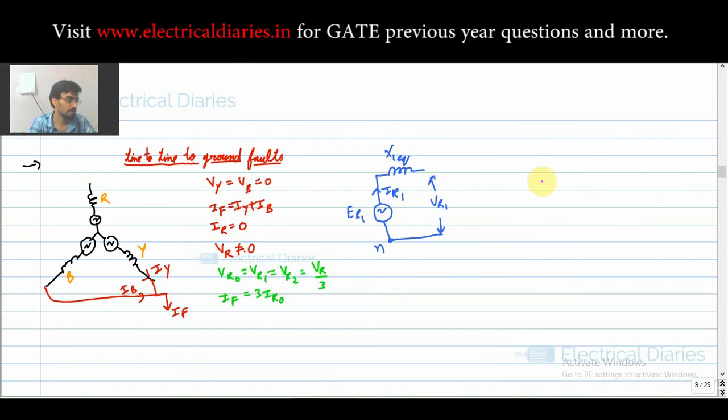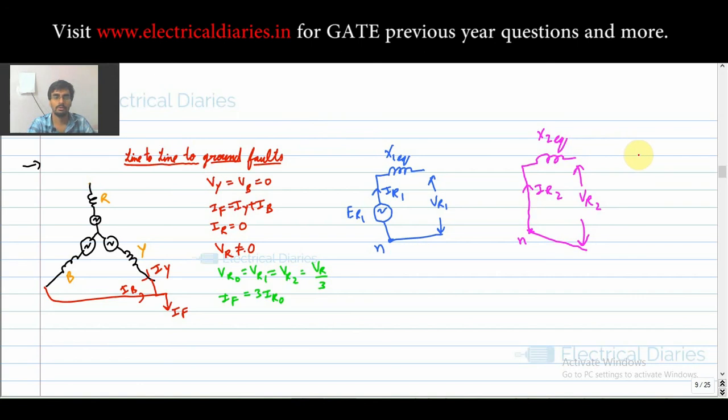Then you draw your negative sequence circuit with X2 equivalent. If you remember the circuit diagrams, you can easily remember the equations. So IR2 is this and this is your VR2.